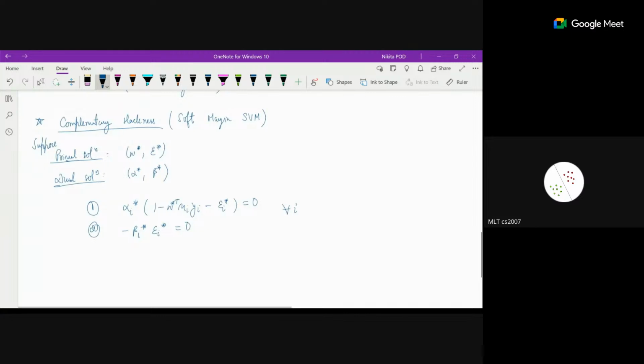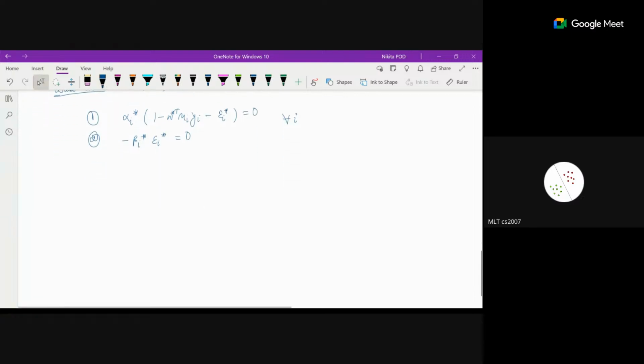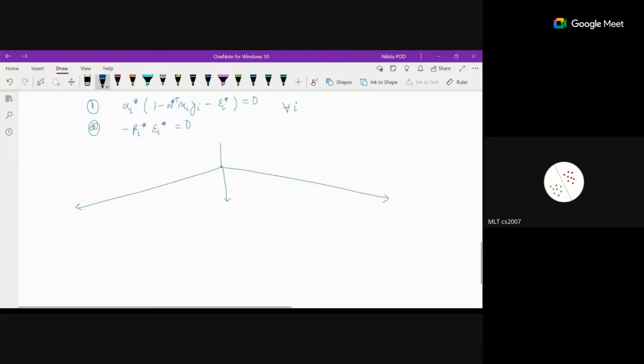Now, you have two conditions over here because you have two different constraints. Now, what can we conclude from here? For that, we will split this into three different cases. The first case is what will happen if my alpha I star is equal to 0.